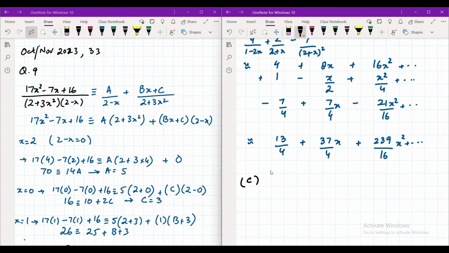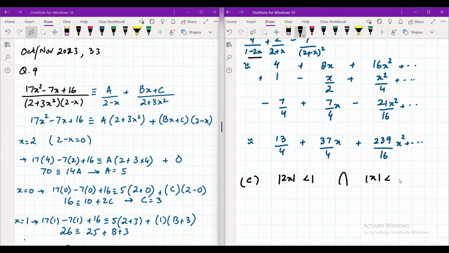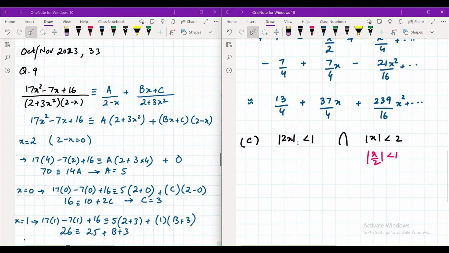C part would be, we have to tell the range of values of x. So for 1 minus 2x, mod of 2x would be less than 1. And for 2 plus x, that would be the same. So that would be mod of x less than 2, or it could be rewritten as mod of x over 2 less than 1, which both ways are the same, but let's take the intersection.